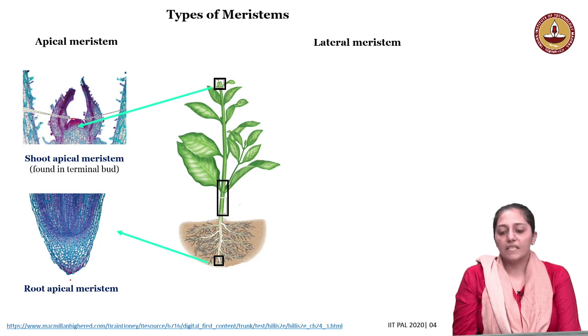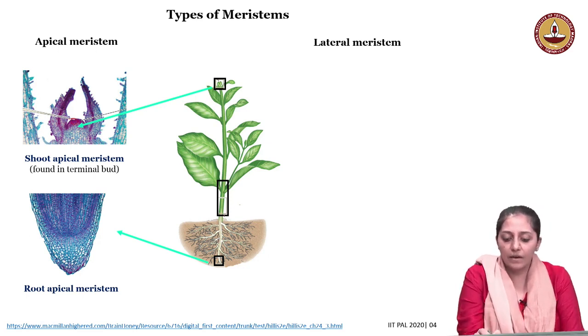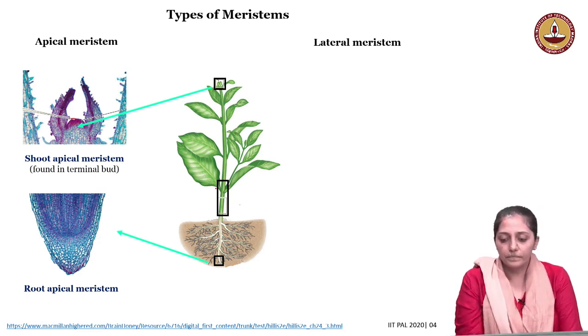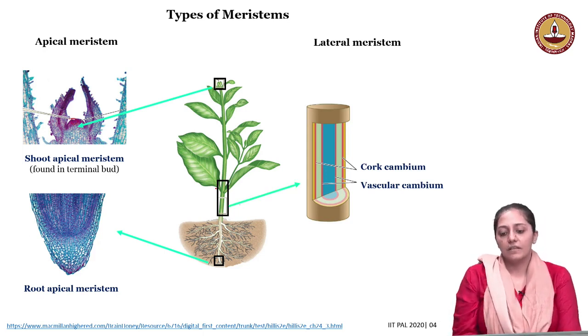The third type of meristem is called as lateral meristem, shown in between here with a rectangular box. Now, lateral meristem is the region which is responsible for enhancing the width of the plant, which means the cork or the vascular cambium region, the increase in those regions.